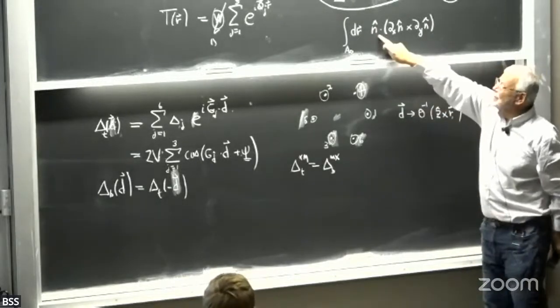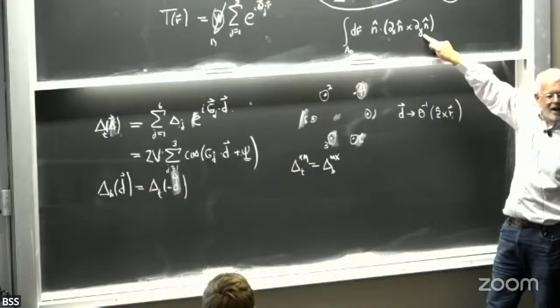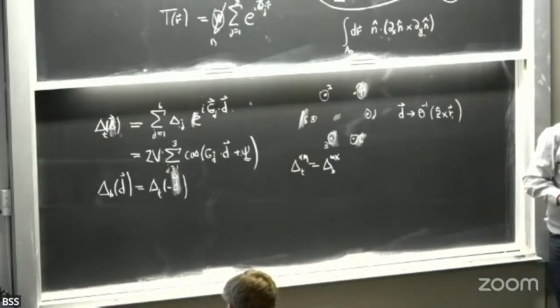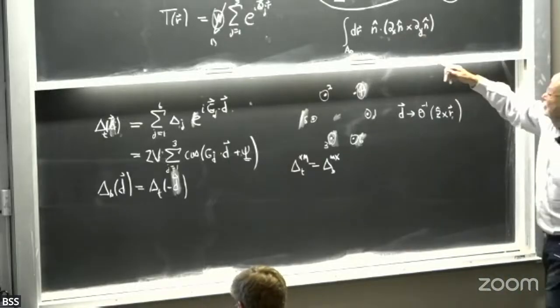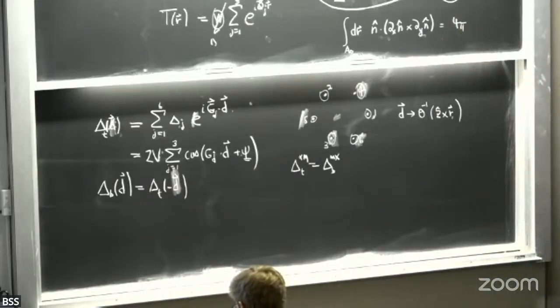You can see that it's just a little element of area covered on a unit sphere per little region in space. And if you integrate over the entire unit cell, for this texture, you'll cover the sphere once. Okay?